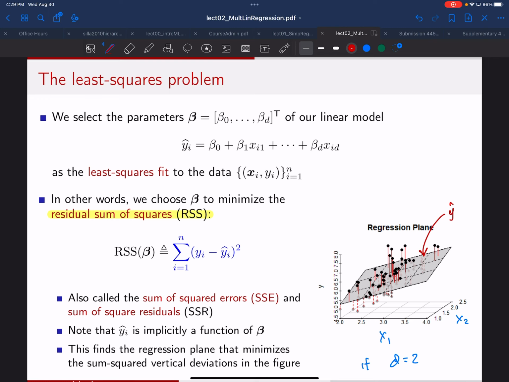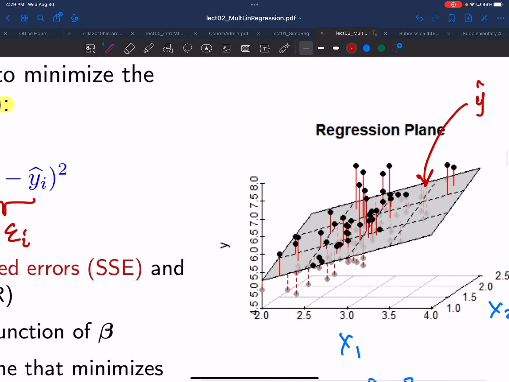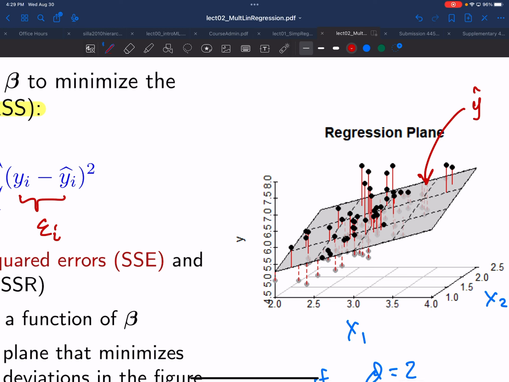So that's just visually what we're trying to do here. And now, just like in the last unit, we can call these epsilon i. That was the prediction error, the difference between y hat i and yi. And so where on this plot would we find that prediction error?